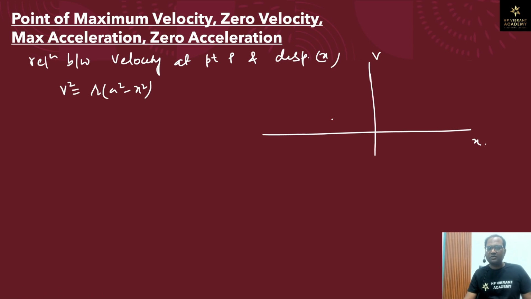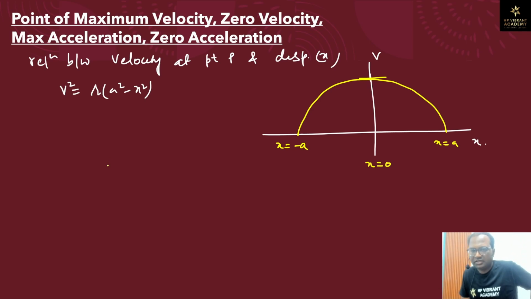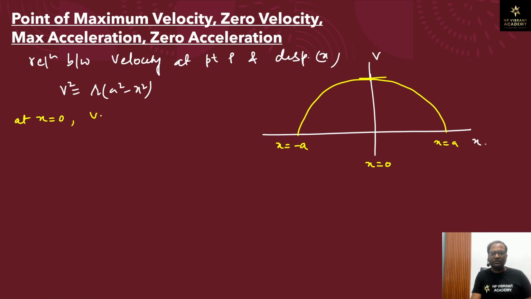So this is an inverted parabola. This is x is equal to a, this is x is equal to minus a, this is x is equal to 0. So at x is equal to 0, v is equal to v max.